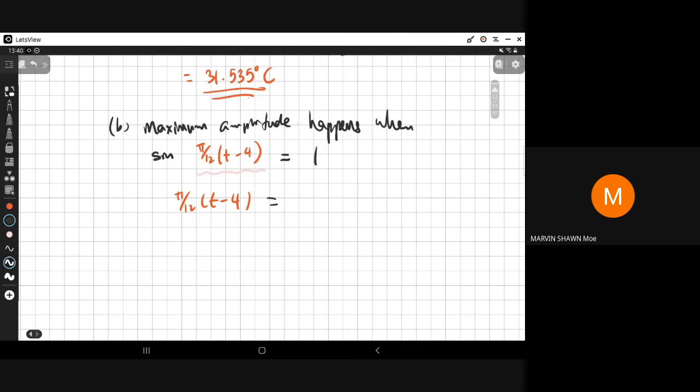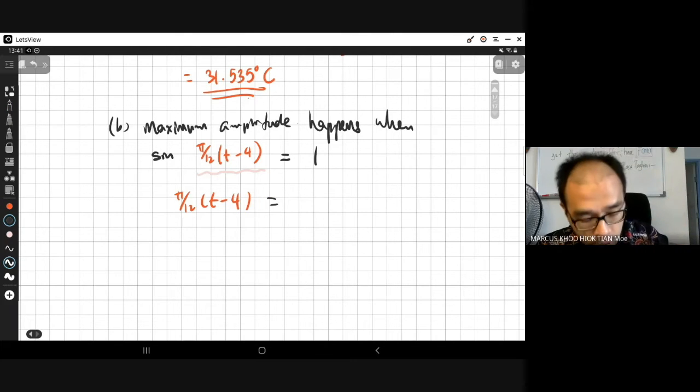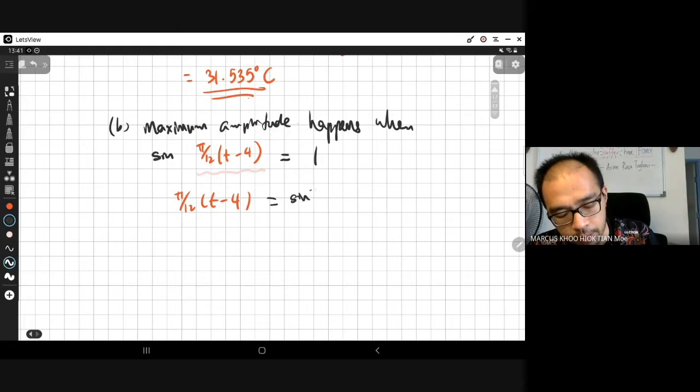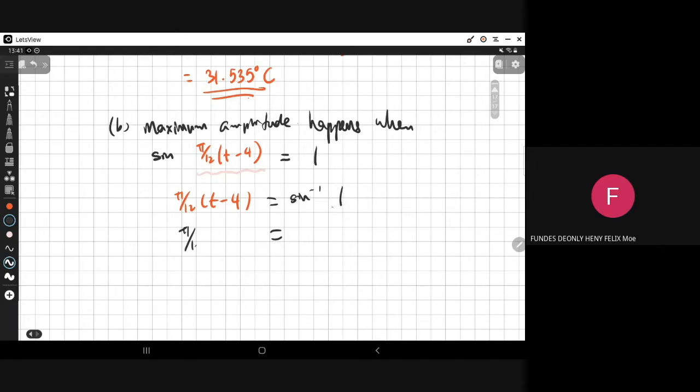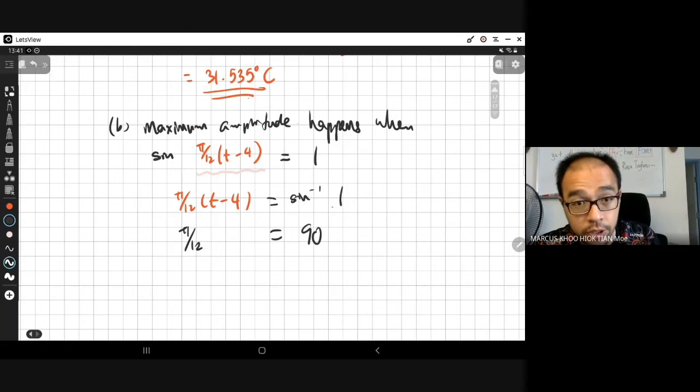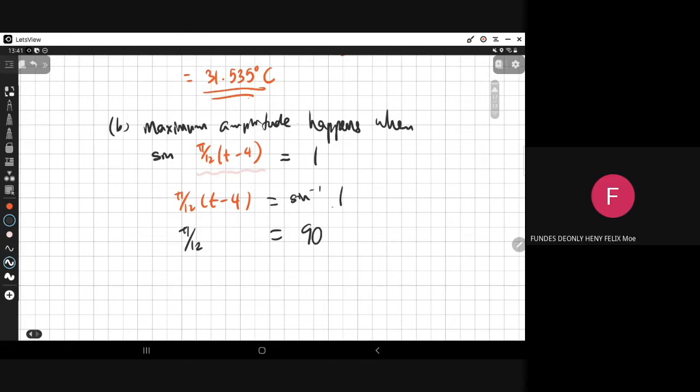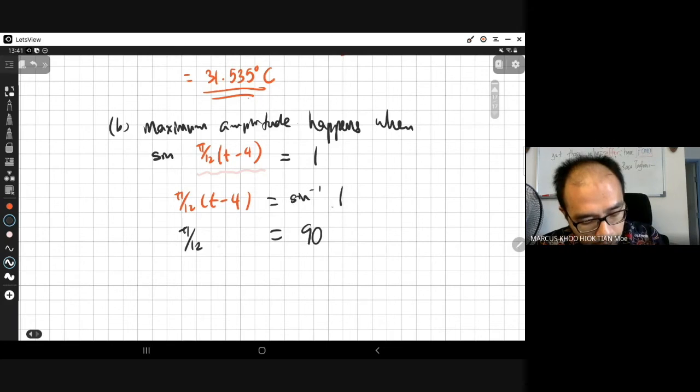Shift sine. Okay, very good. So you get shift sine 1, which will give you how much? 90. Did you say 90? Yes. Okay, 90, but the problem now is our angle needs to be in pi. Can we change 90 to pi, please? Pi over 2.